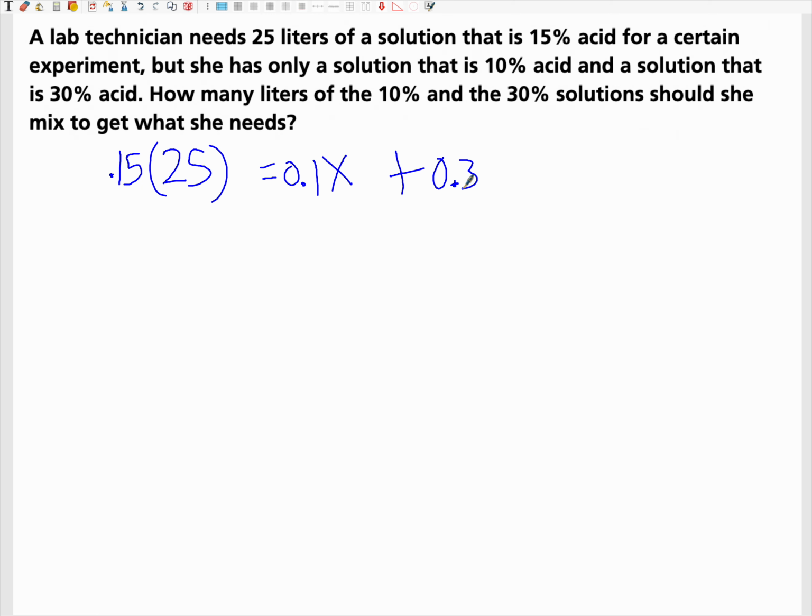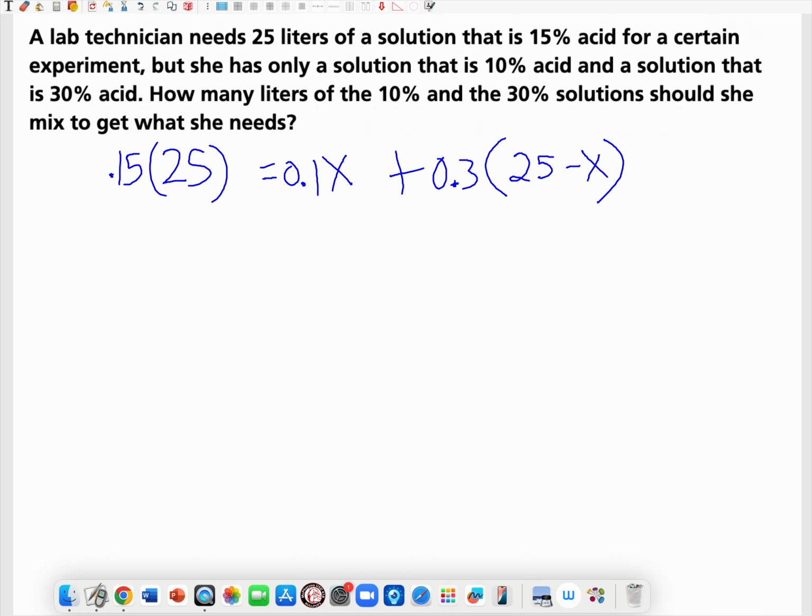I'm using some of that to make this part, the other part is gonna be this. So I need to multiply the 0.3 by 25 minus x. 25 total liters minus however much of this I used gives me how much I'm gonna use there. 25 total liters minus the 10% solution gives me the 30% solution, alright?